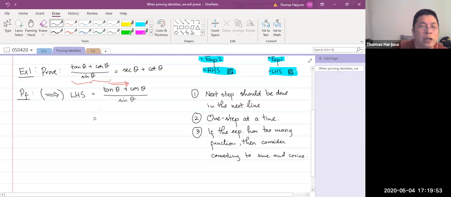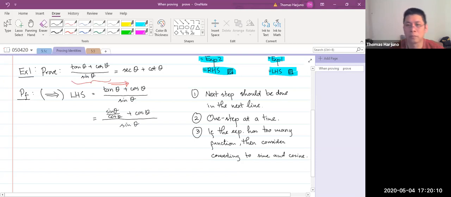It is not always necessary, but it always works. So in this question, I will rewrite my tangent as sine theta over cosine theta. And then from here, I will multiply by the LCD, that's cosine theta over cosine theta.